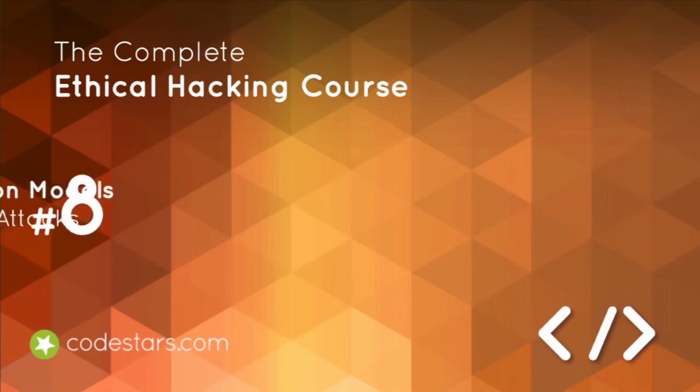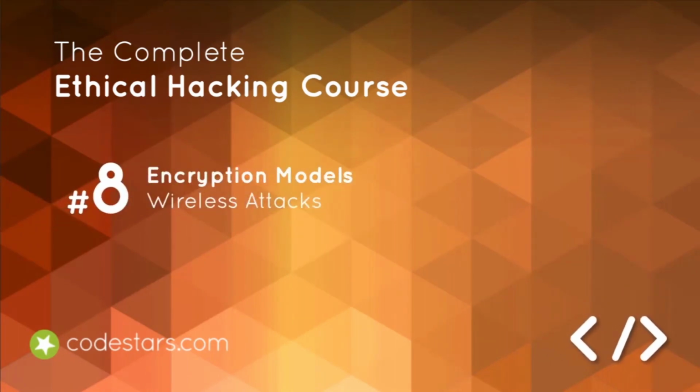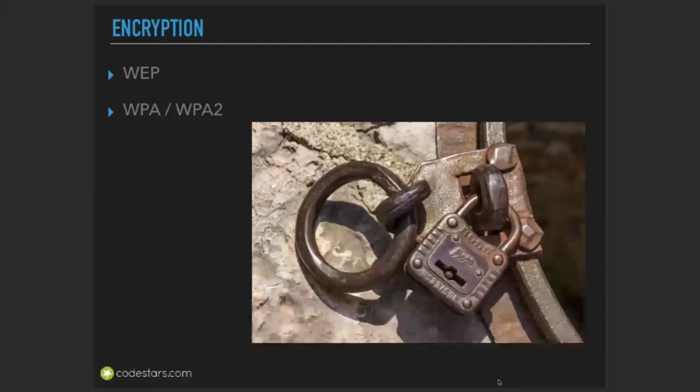Hi! Within this lecture, we're going to see different kinds of encryptions that we use in routers, in modems, in networks. So basically, routers encrypt our data, our packets, our requests and responses from the internet in order to have a safe working environment.